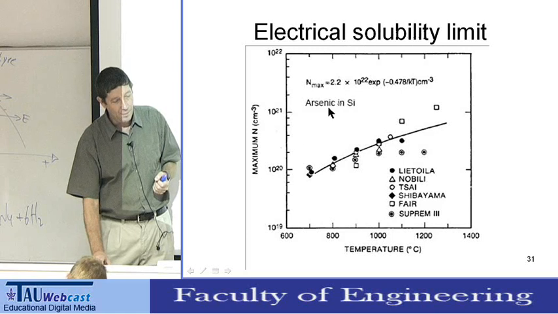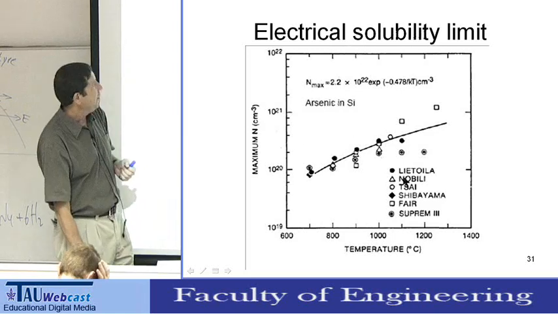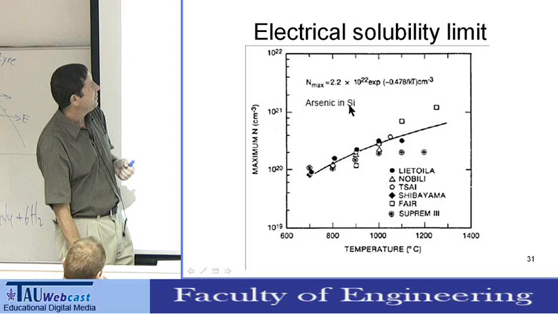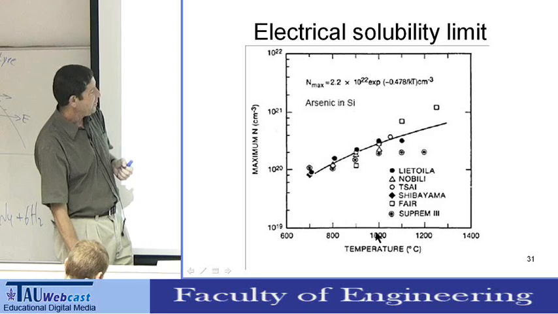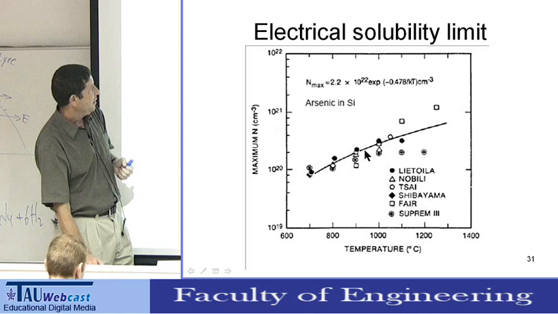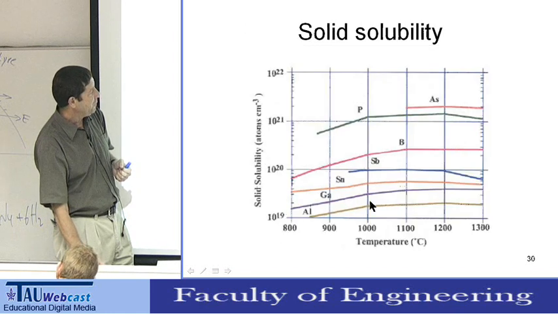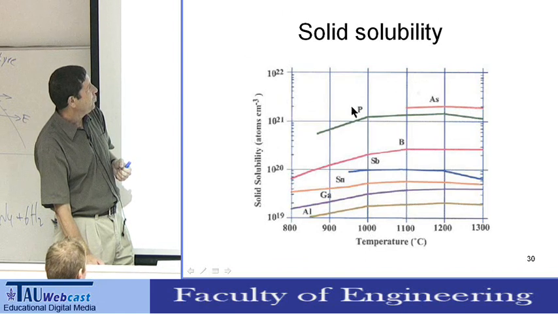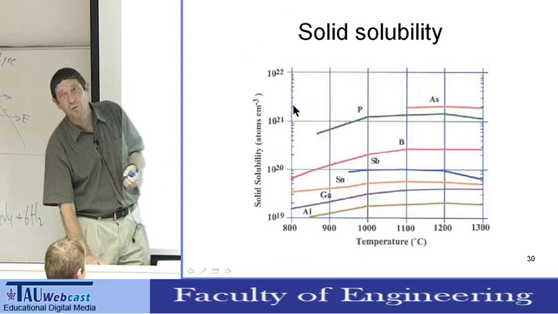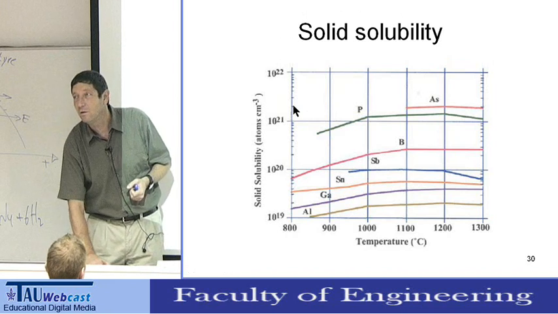This is, for example, arsenic in silicon. At 1000 degrees Celsius, the number of electrically active arsenic ions is about 2.5 times 10 to the 20. If you go to the previous slide, you see at 1000 degrees there is about 2 times 10 to the 21 atoms of arsenic in silicon.